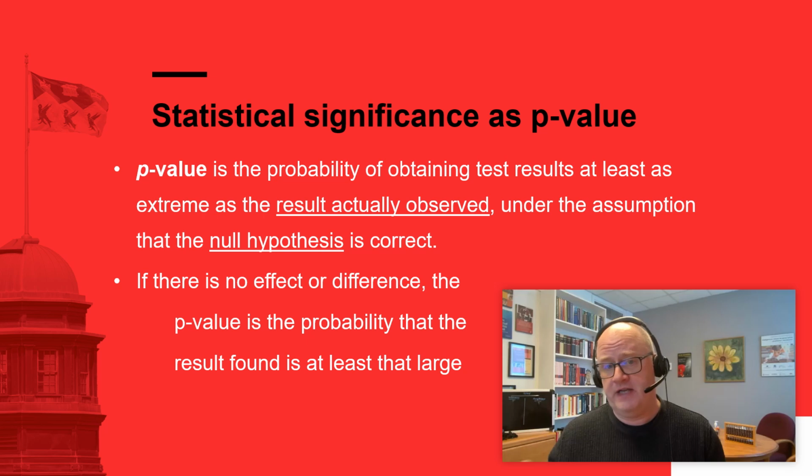meaning 2 standard deviations. So the p-value is: what's the probability, if there are no real effects, there's no difference in real life, that this effect size of 2, or 2 or larger, actually occurred? And usually those are really low.